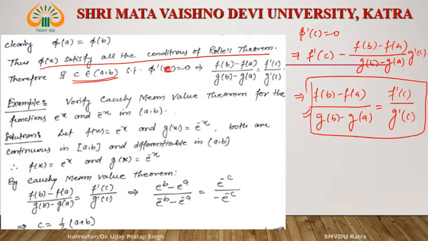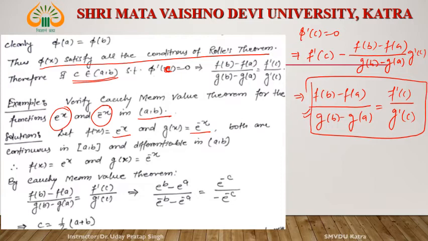See one example. Verify the Cauchy mean value theorem for the two simple functions e to the power x and e to the power minus x in the interval [a, b]. Exponential x and exponential minus x both are continuous functions, continuous at every point of the real line.